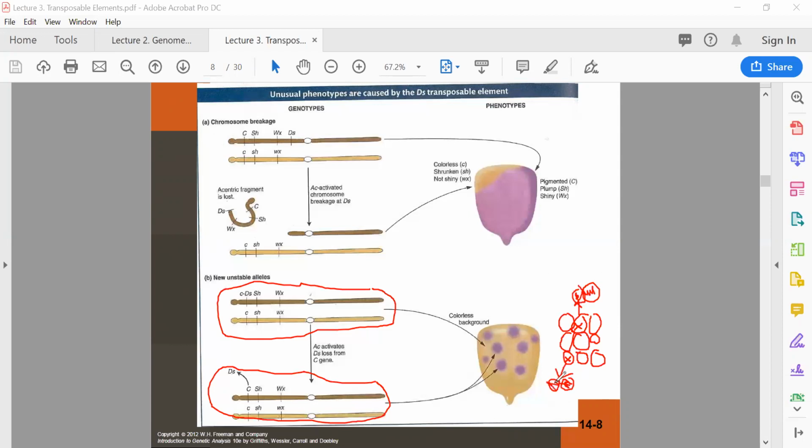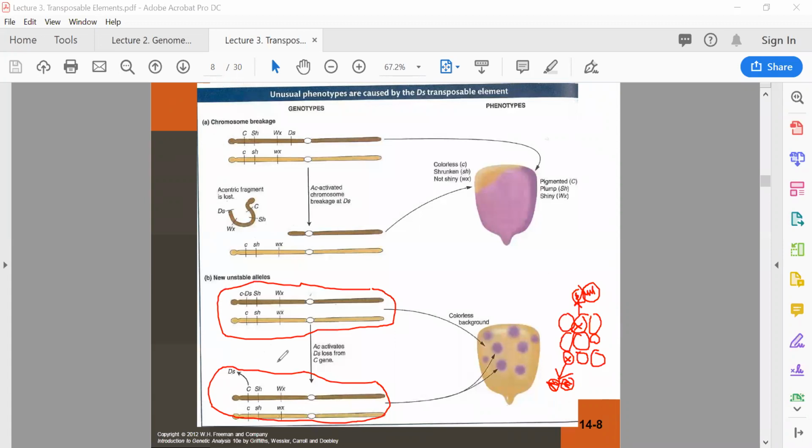The cells where the original activator bound with the dissociative site will have the pigment. Sorry, all the cells that have the DS lost from the pigmented gene. Is that what you were saying?